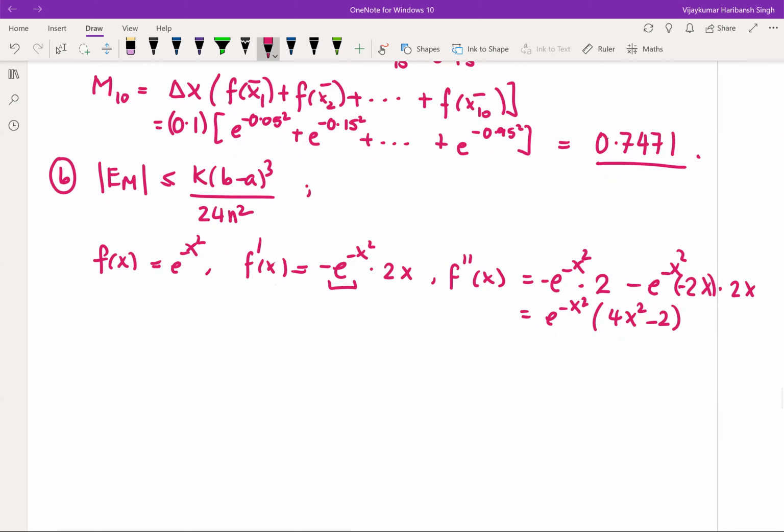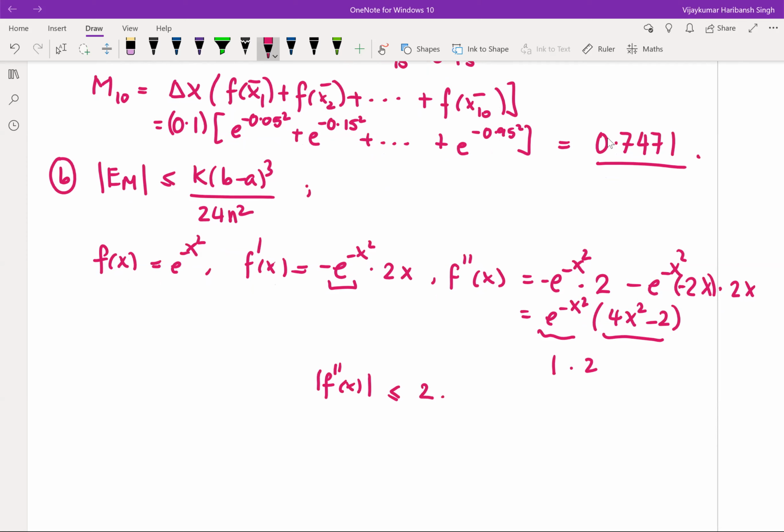So now we want to see the maximum. What is the maximum of this guy? The maximum of the exponential part is at x equals 0, and the maximum of the other part is at x equals 1. So we have 1 times 2. Therefore, f double prime of x is going to be less than or equal to 2.